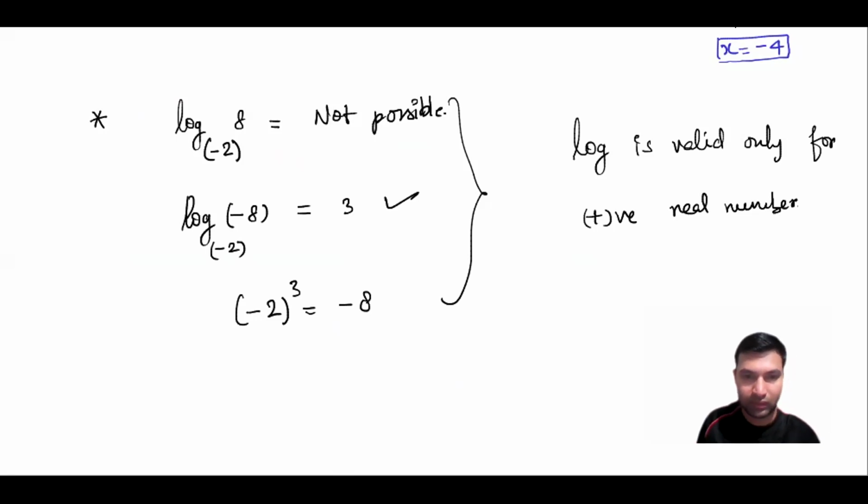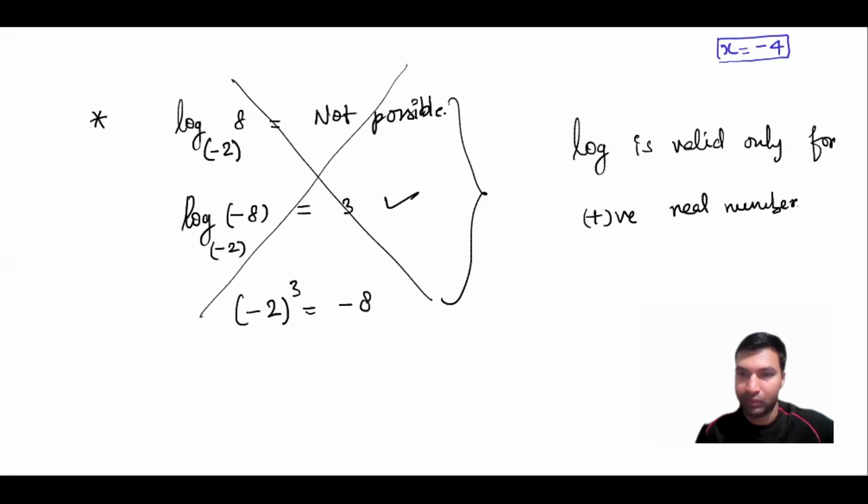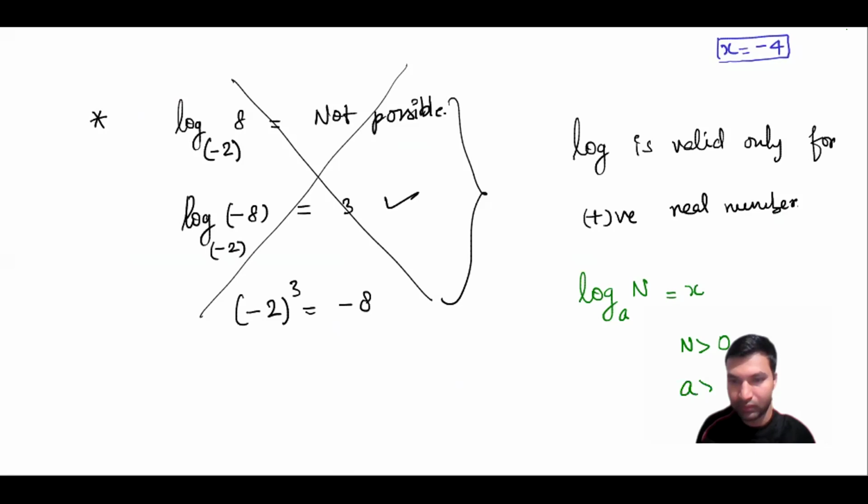So we remove these constraints and it should be valid for all the real numbers. Therefore, when I write log of n to the base a equal to some number x, my constraints are n should be greater than 0, a should be greater than 0, and a should not be equal to 1, for the very reason that 1 to any power is 1 itself. These are the three conditions I have to keep in mind.